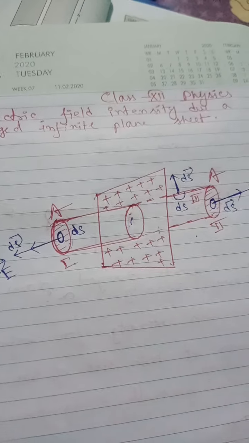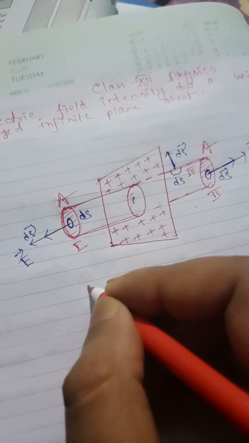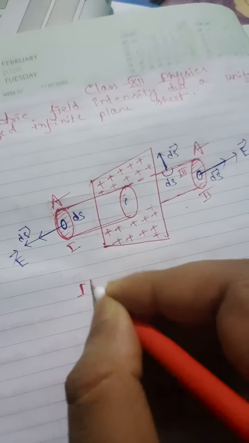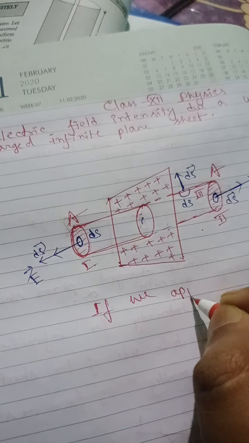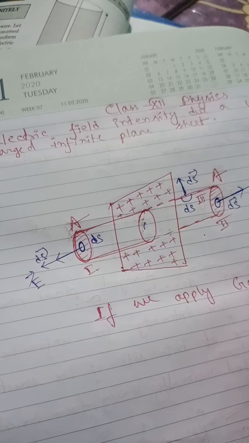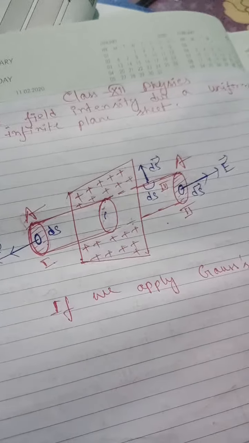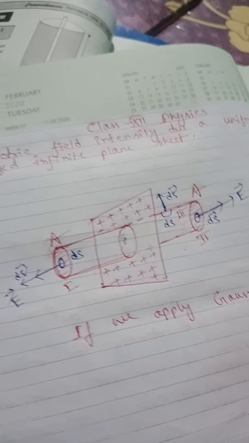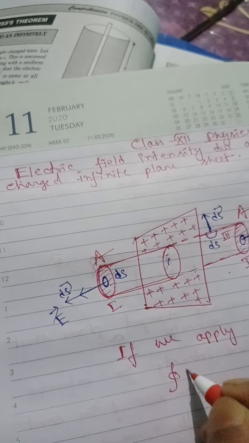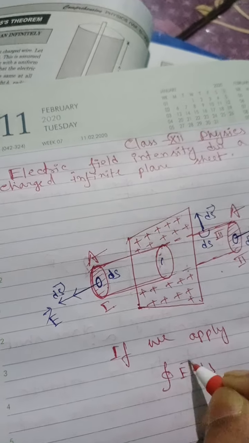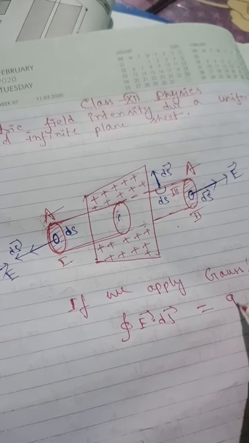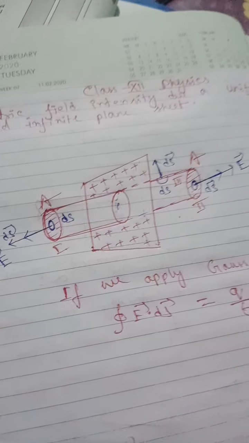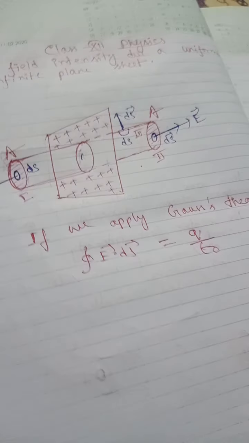Here if we apply Gauss's theorem, we know that Gauss's theorem means the closed surface integration of E dot ds is equal to q by epsilon naught. This is the Gauss's theorem we know.